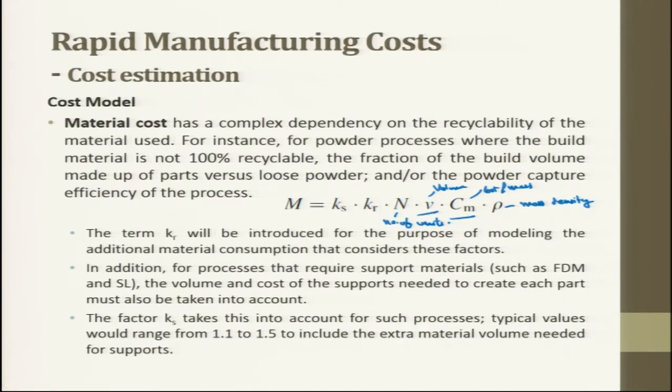This material cost has a complex dependency on the recyclability of the material used. For instance, for powder processes where the build material is not 100% recyclable, the fraction of the build volume made up of parts versus loose powder, and the powder capture efficiency of the process, matter.